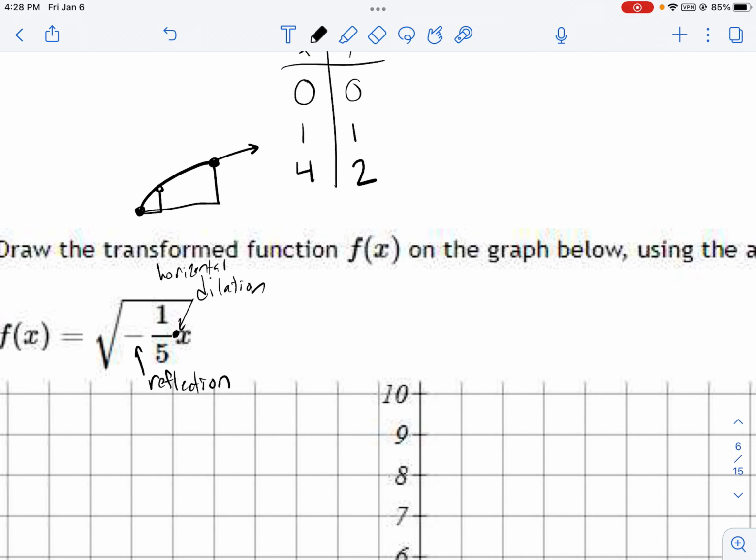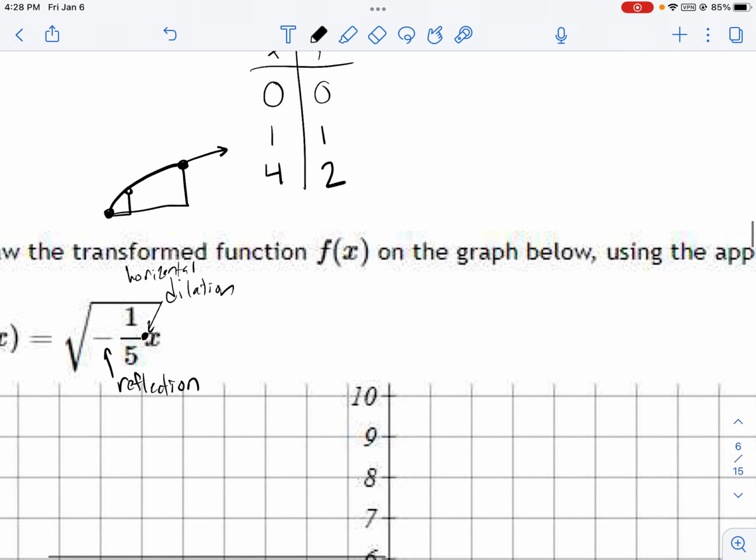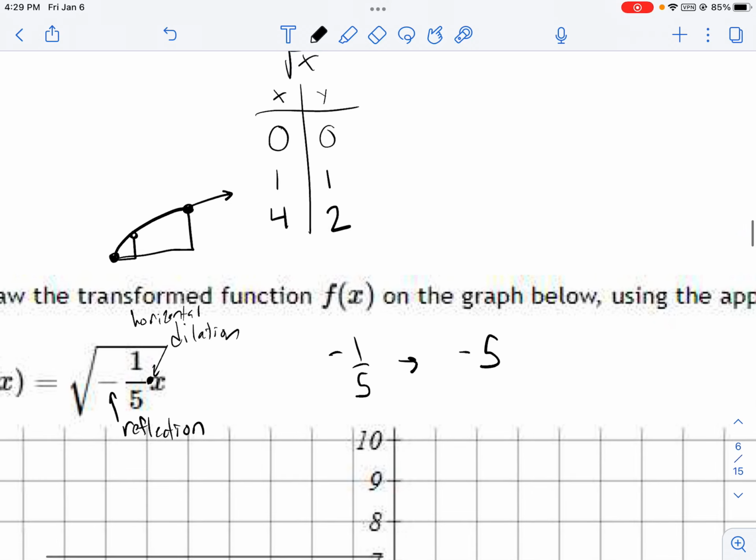Now, let's figure out stretching or shrinking. Keep in mind that you always do the reciprocal of what is inside with x, with your dilations. So if it's negative 1/5, the reciprocal of that would be negative 5, because that's technically negative 5 over 1. You just flip the fraction. Reciprocals don't change signs. So if it's negative before, negative after. Now the reason why we use the reciprocal, think about it this way.